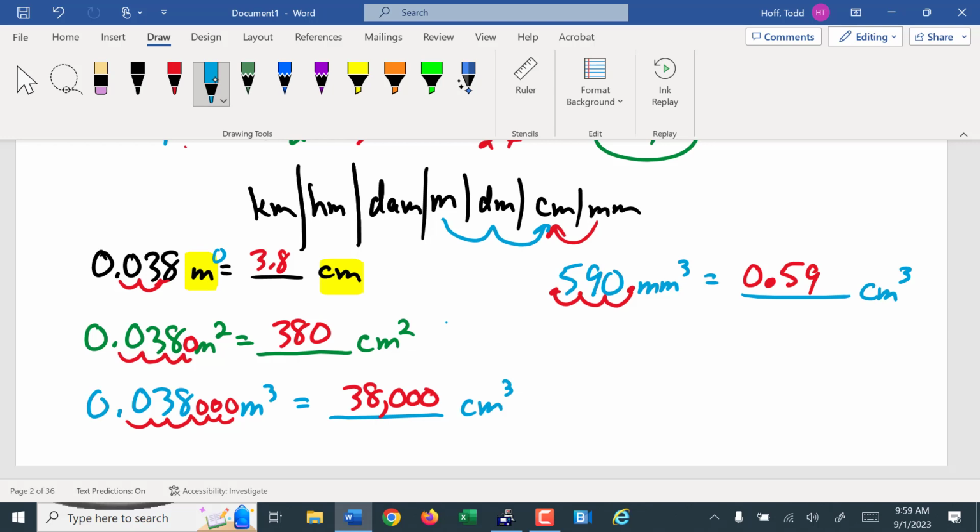Since there's no number there, the decimal just goes 2 spots. When it's squared, 2 spots on the chart, you multiply it by 2 to make it 4 spots because of the 2. When it's cubed, there's a 3 there, 2 spots on the chart, you multiply it by 3 to go 6 spots. So whatever the power is on your units, you multiply the spots on the chart by that power.